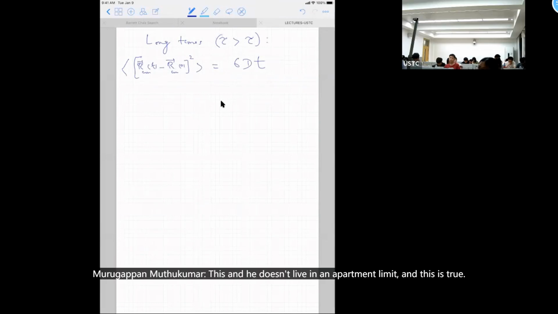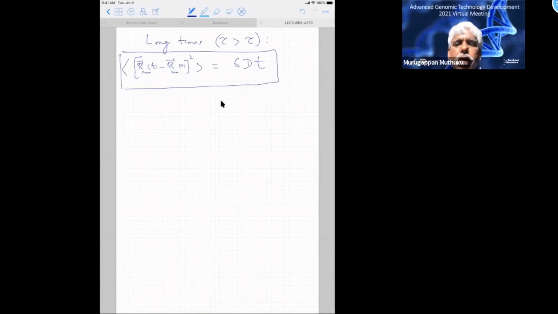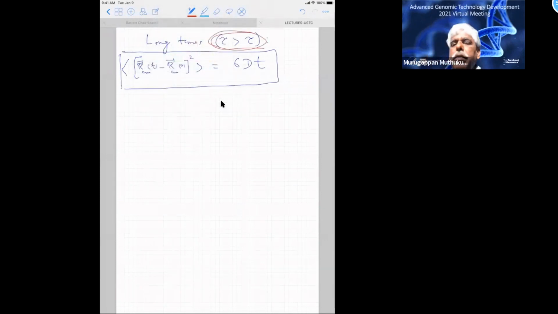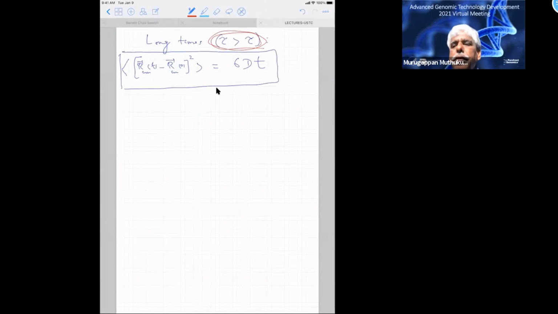This is an interesting limit. This is an important limit. And this is true only if this condition is satisfied. If that condition is not satisfied, you will not get this result.